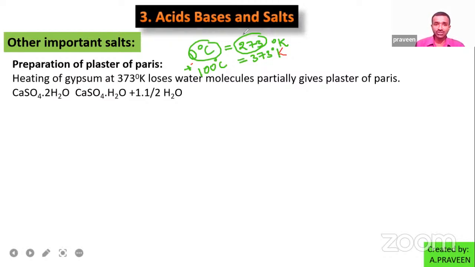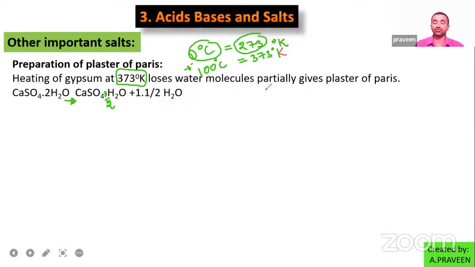From this you are simply removing 1.5 water molecules at a particular temperature of 373 degrees Kelvin. On heating, the CaSO4·2H2O compound loses 1.5 water molecules and remains with half a water molecule.